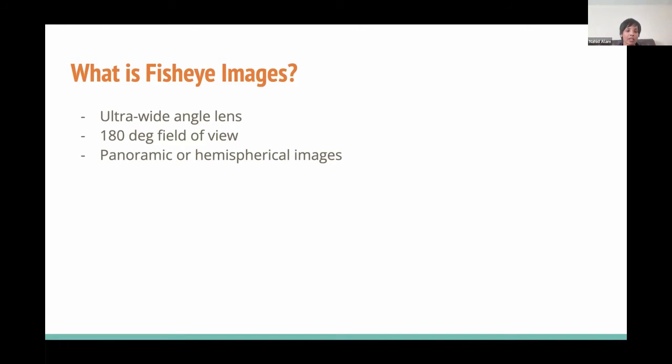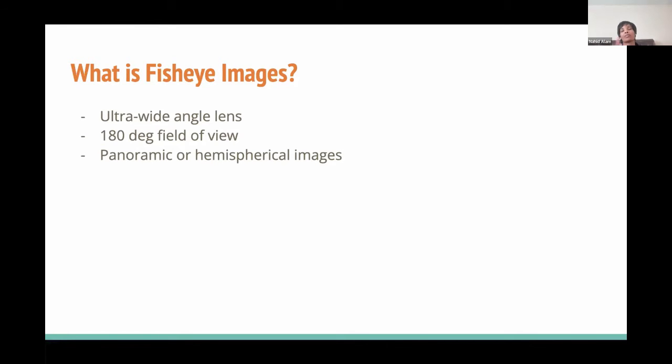But we have another type of cameras, which we call fisheye cameras. They're a specific type of ultra wide lens, and it has a 180-degree field of view, and the images are typically panoramic or hemispherical, right?